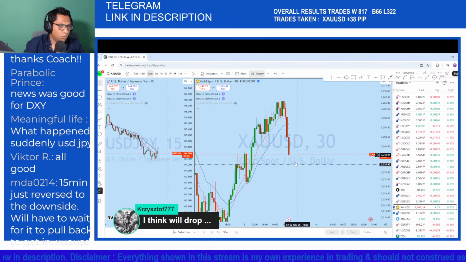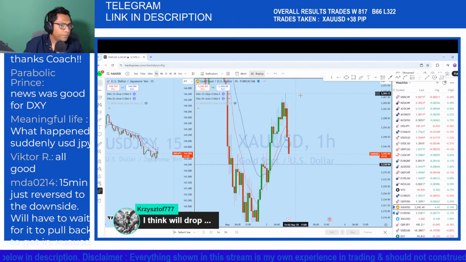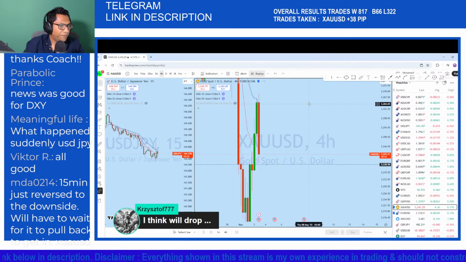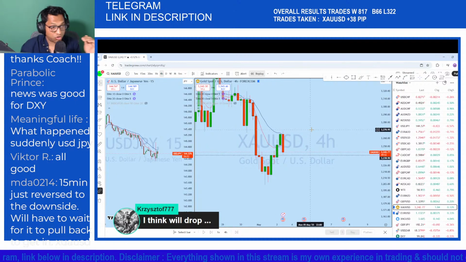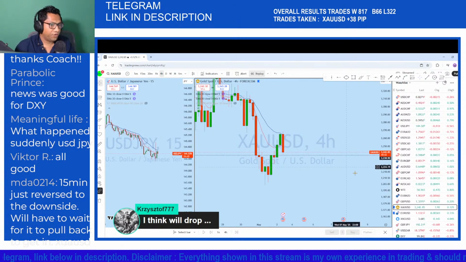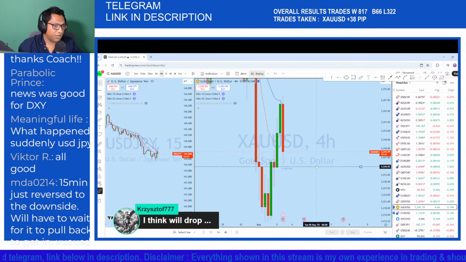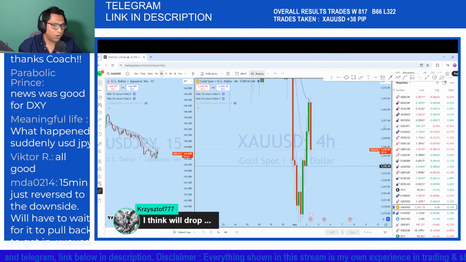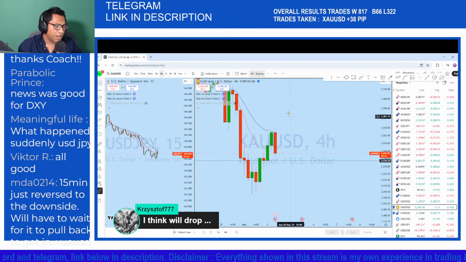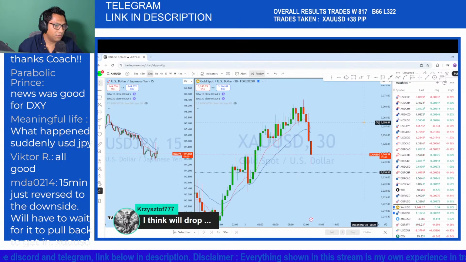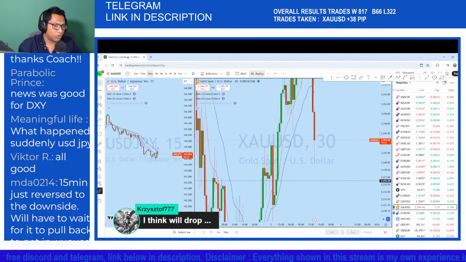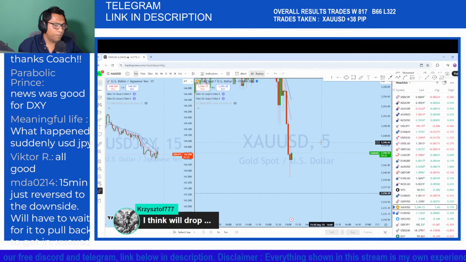Because it's one clean move, if you look at the 4 hour, you can see it's a complete vertical drop. Now if the market penetrates below here from this 4 hour candlestick pattern and then rejects back to the upside, that's where we will be able to see potentially a move back to the upside.